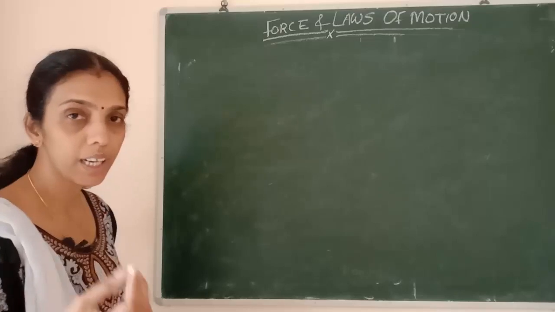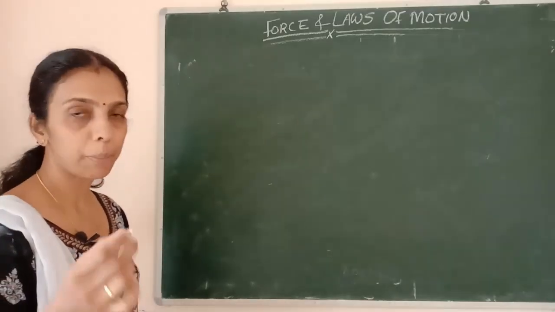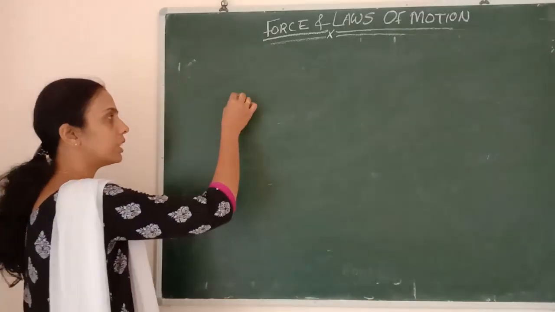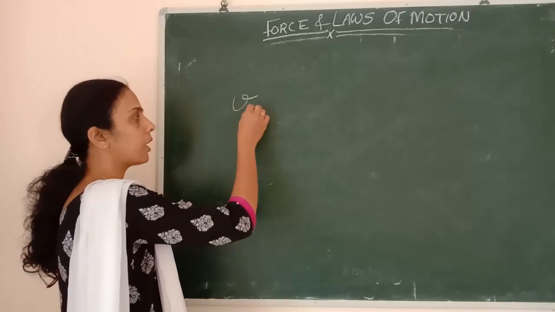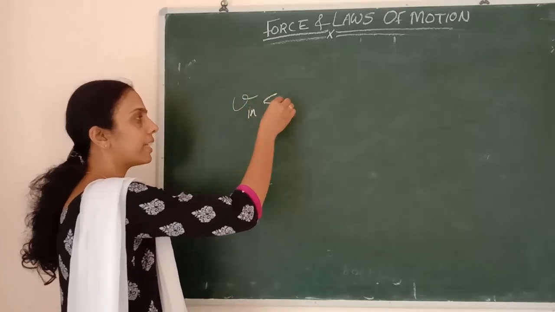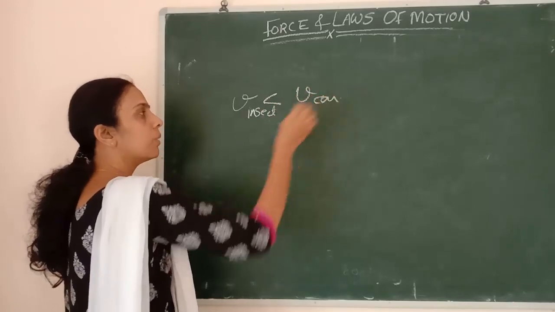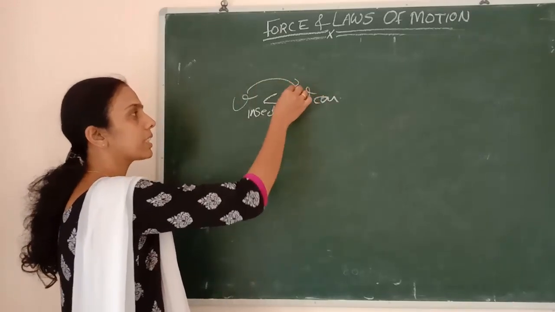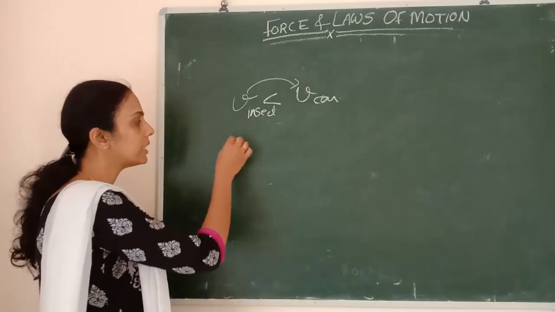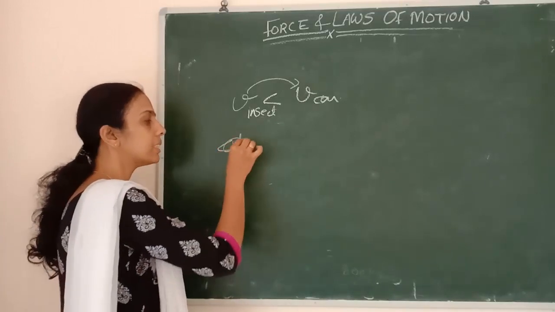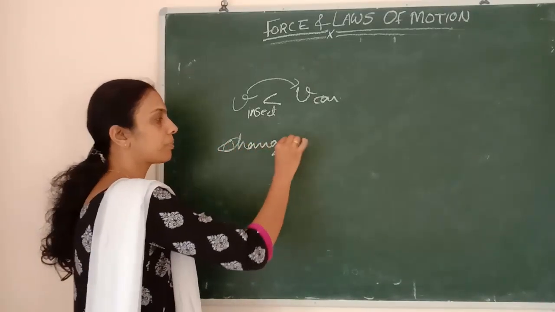So what will happen? The car was moving with a high velocity. Compared to the car, the velocity of the insect will be very less. Suddenly the insect's velocity changes to a high velocity, so the change in velocity will be more.